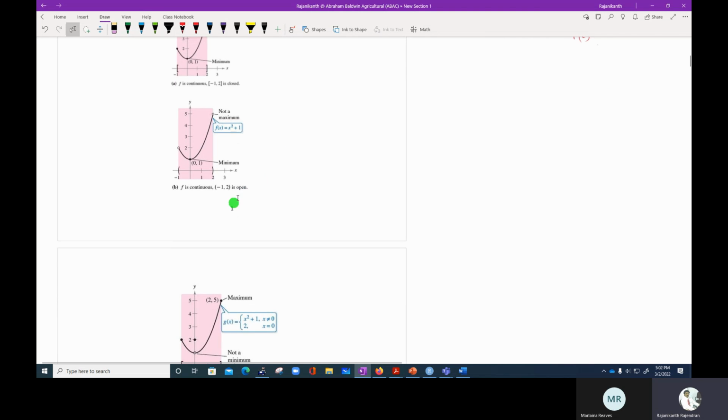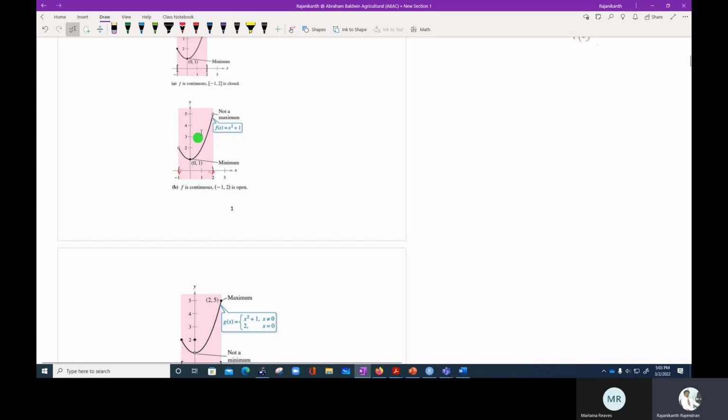How about the second one? Remember, the domain is now an open interval. That means these two endpoints are not included in your domain. That's why you see two holes here. So the function is not defined at these two ends. That means you cannot say this is the maximum because this point is no longer in your domain.